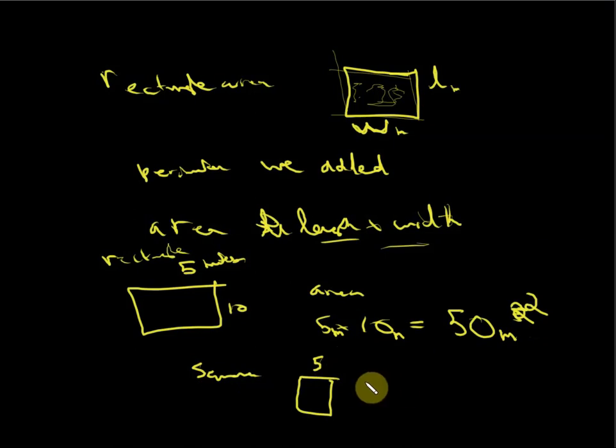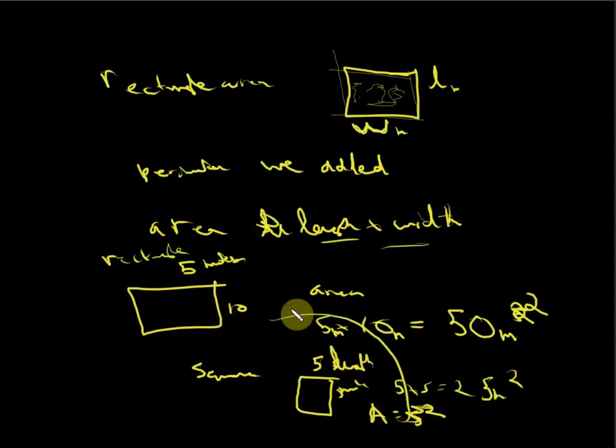Now, if I tell you a square, and I will say 5, it's still the same as length times width, which is 5 times 5, which is 25 meters squared. And some people would say there's a special formula where area would equal side squared, s squared, but you don't really need to know that because this is still a length and a width.